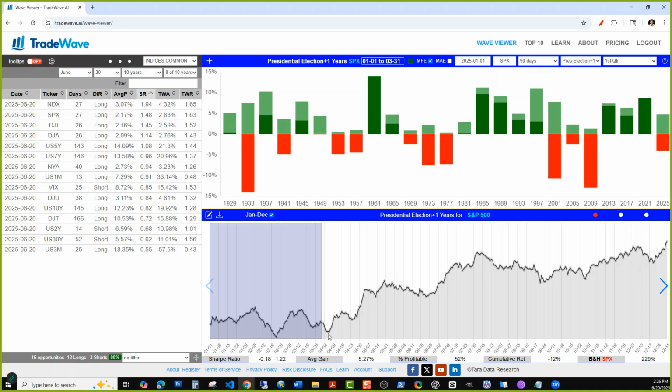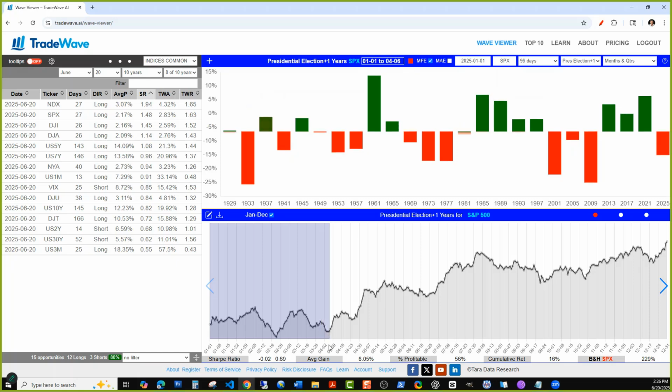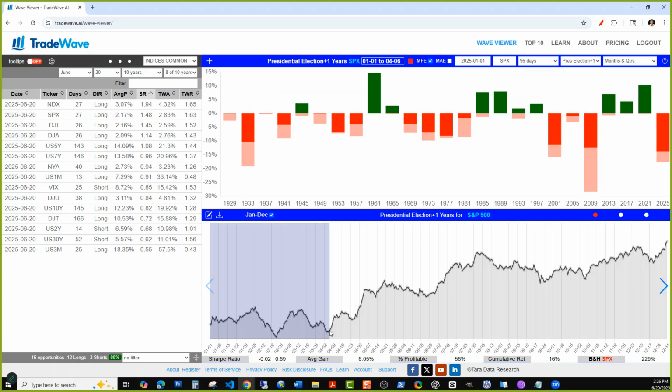But look at what happens right here, a little bit further to the right. Right after here, it starts going up. And it keeps going up sharply till here, which is the 2nd of August.